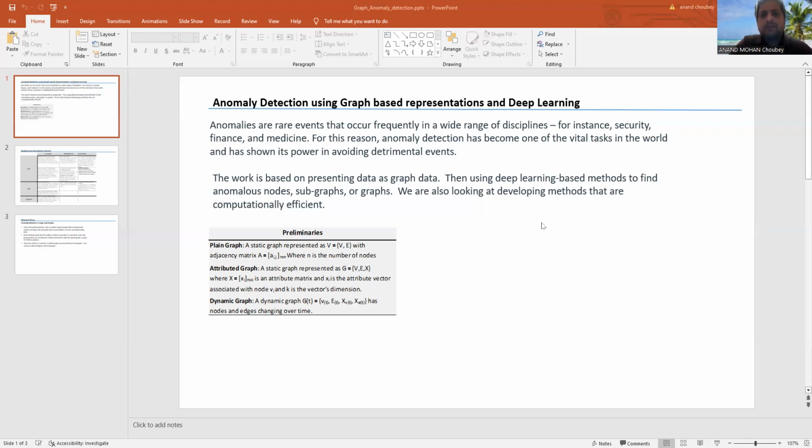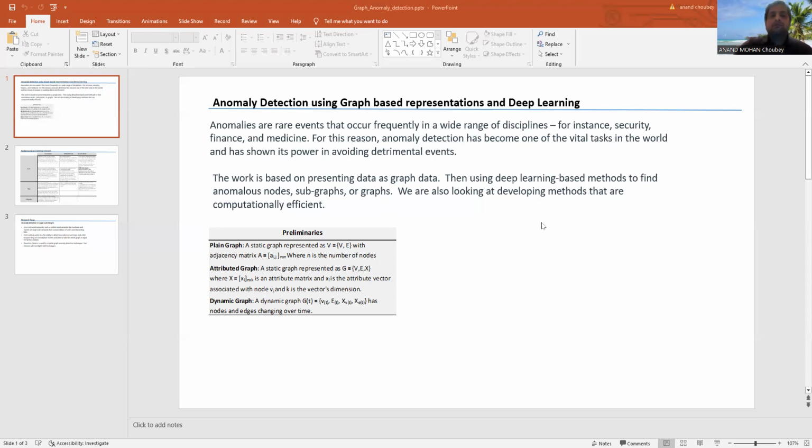And this can be represented by an adjacency matrix, where n is the number of nodes. We also have attributed graphs. They are similar to plain graphs, but they also have attribute information about nodes, where the attribute for each node is represented by a vector of size m.